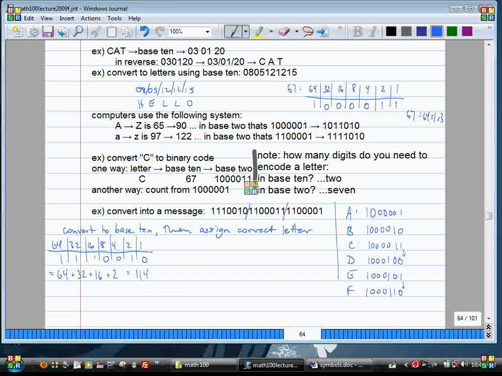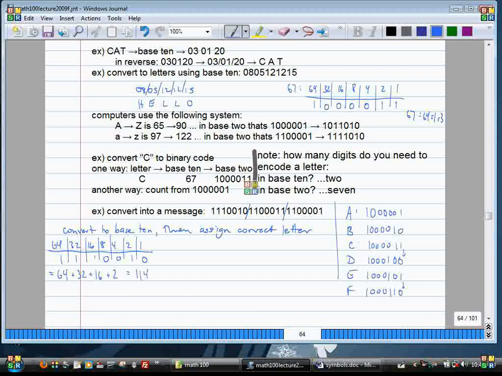We want to make 97 look like 1. You subtract 96. So if you just subtract 96, then whatever was 97 is now 1, 98 is now 2, etc., etc.